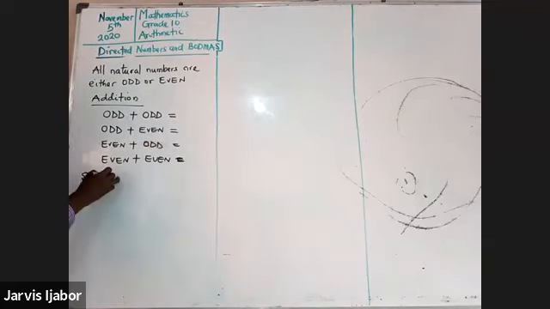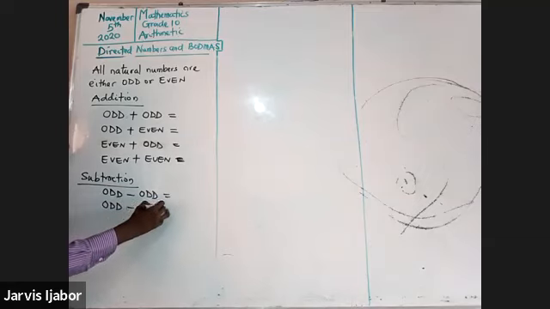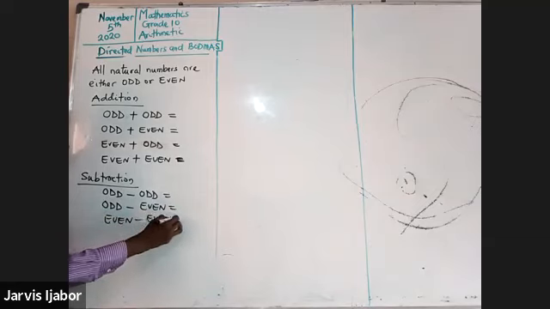Subtraction. Maybe I should give it to you in my next class. I will then look at it and explain to you why those answers are that. Try that out.